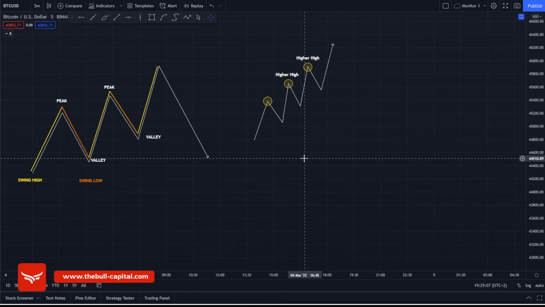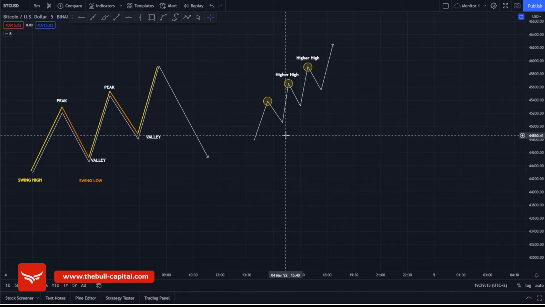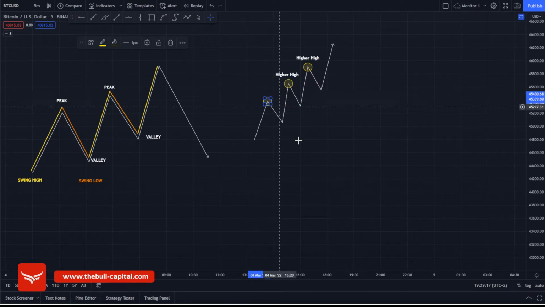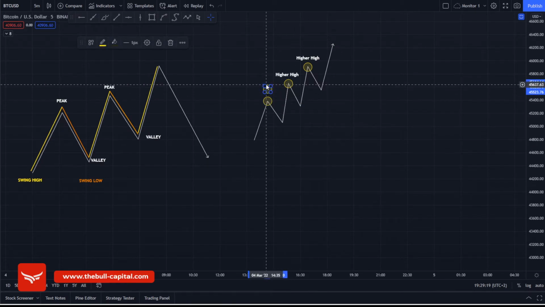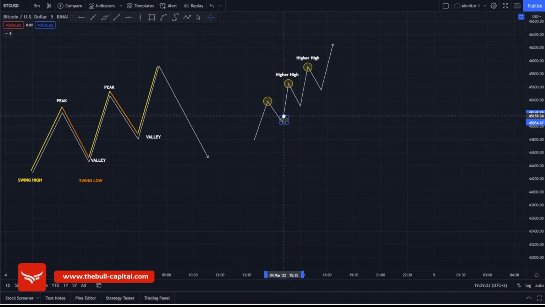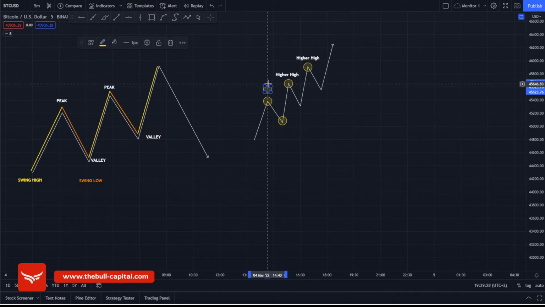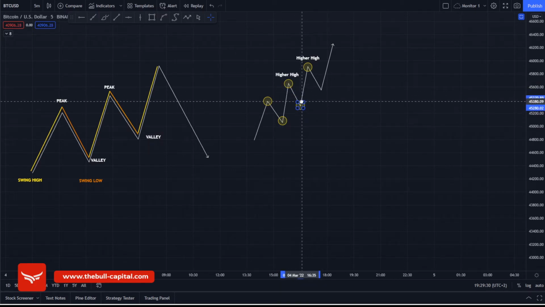Now let's see what a lower high is. That means that we have here this swing low, this valley, which I'm gonna refer to as a valley.